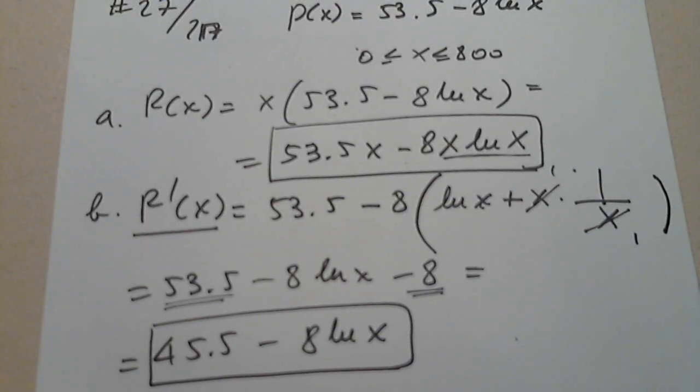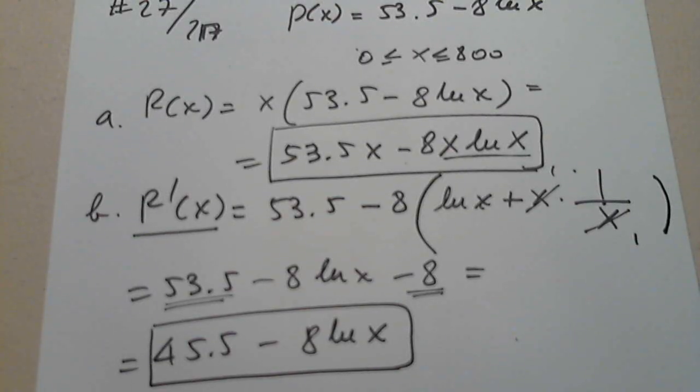It says if consumers are willing to pay $40, and that is P. P of X is the price. So if P of X is 40, how many units will be sold? Which is X, which has nothing to do with calculus.